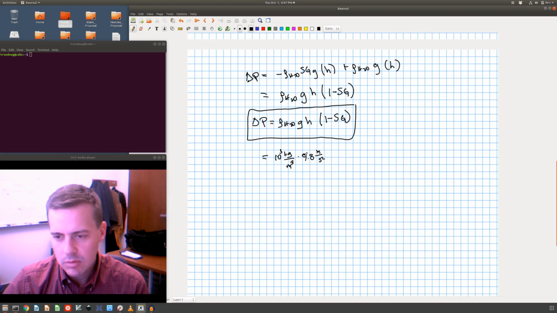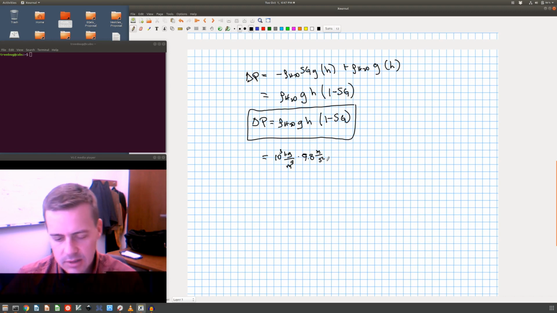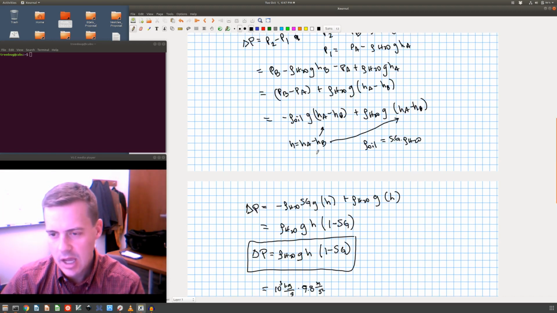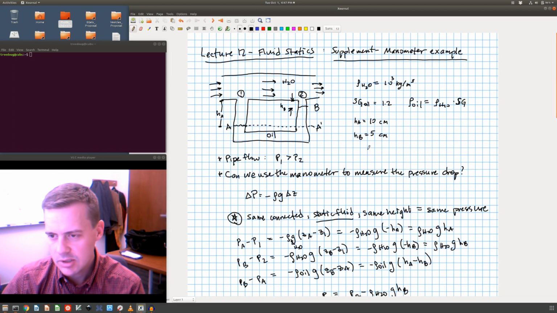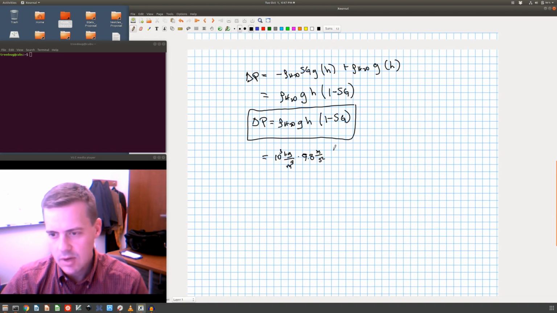H, I said, was HA minus HB, which is 10 minus 5, so that will be 10 minus 5 centimeters. And then the specific gravity was 1.2. So that's 1 minus specific gravity, 1.2. And I need to include a unit conversion here. So I need to put that there are 100 centimeters per 1 meter. And so I should get out in the end.